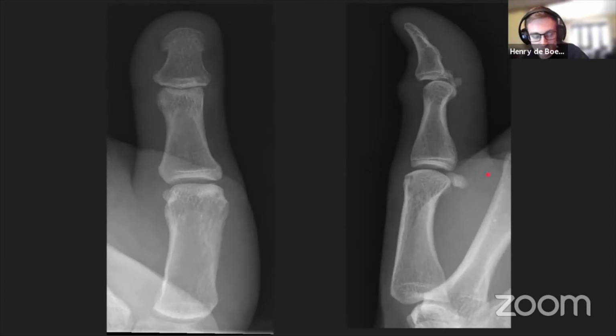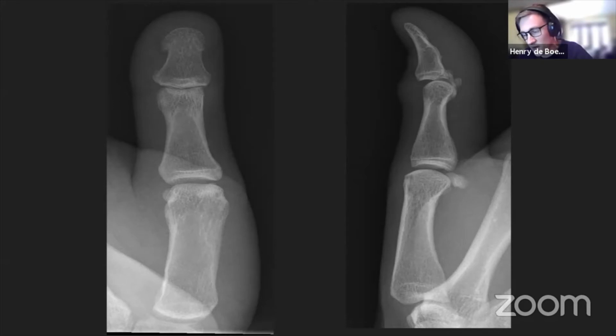Okay, so next case. Sorry, I think I should have said for the last couple of cases, we're starting with slightly easier cases, but also the ones that are really common.